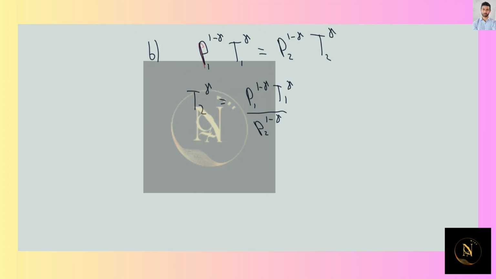We can further reduce this expression as T2, which would be equal to P1 over P2, raised to the 1 minus gamma over gamma, times T1.